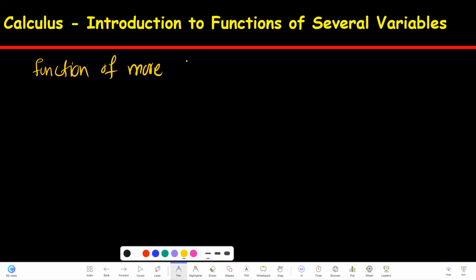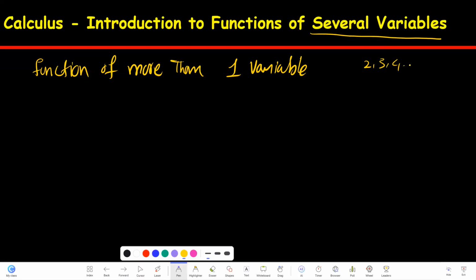I'm not saying two or three, just more than one variable. So more than one variable means several variables. Several means 2, 3, 4, dot, dot, dot, n number of variables. It depends on how much complication you need in your system. The number of variables can increase.